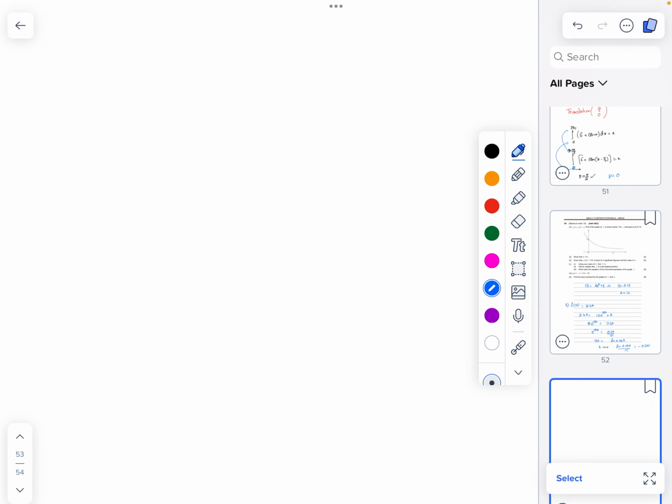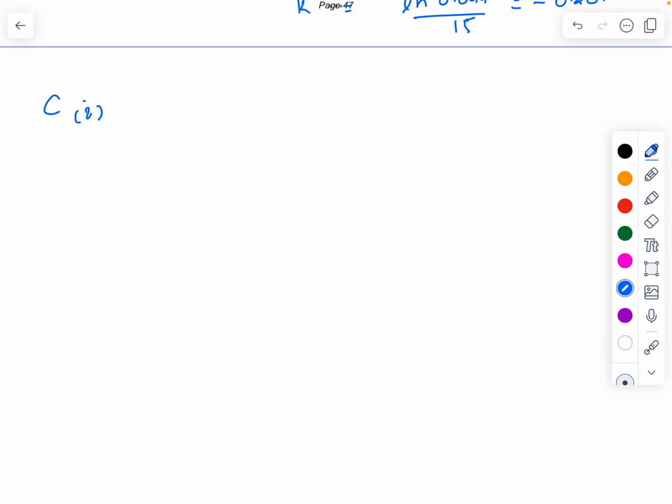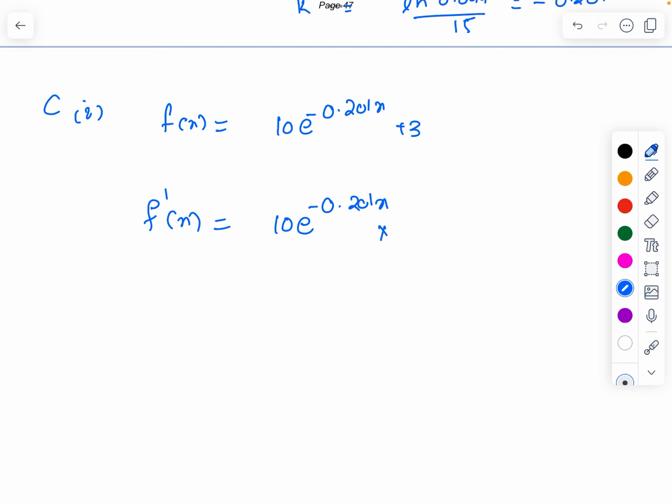So for part C, f of x, now what we got is the equation 10 e to the power of minus 0.201x plus 3. So what will be f prime x? f prime x will be 10 e to the power of minus 0.201x times negative 0.201, which is nothing but what?